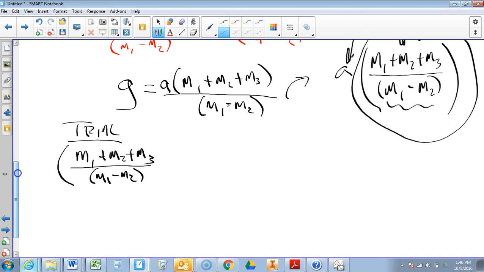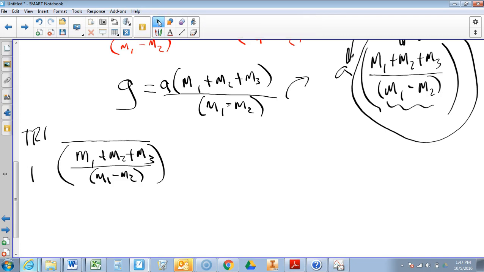Take that number, whatever it is, and multiply it times the acceleration for trial 1. Whoops, let me move this over here, my fault. This is a little messy. I got this all over the place.